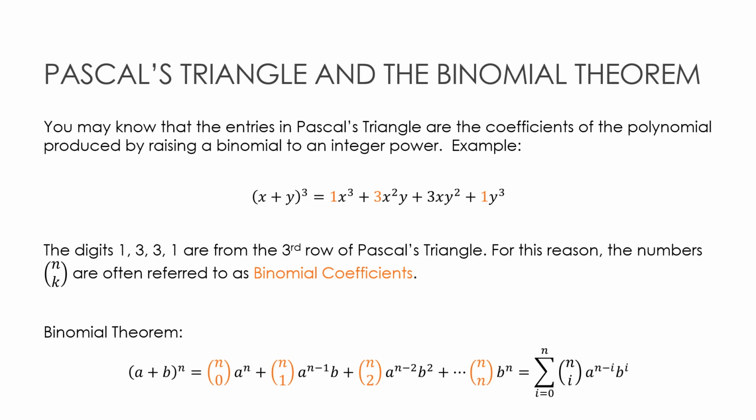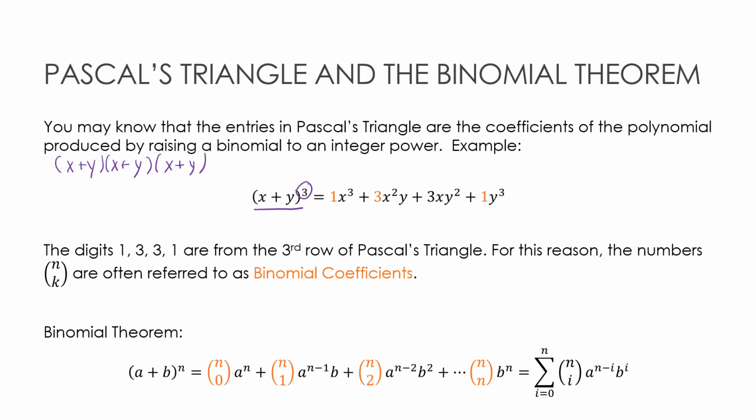Let's say I have a binomial. Binomial being that I have two values being added or subtracted and raised to some integer power. For example, x plus y to the third tells me to take x plus y times x plus y times x plus y.